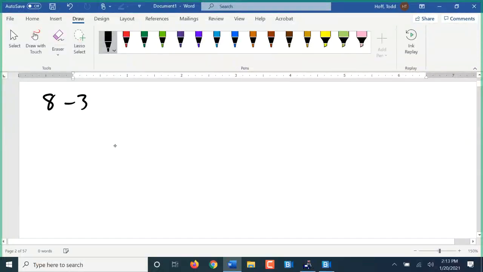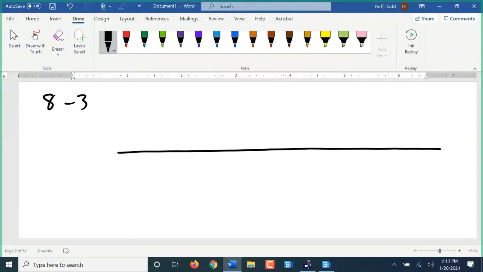Let's look at 8 minus 3. I asked you guys to use a picture, and most people would have come up with something like this.